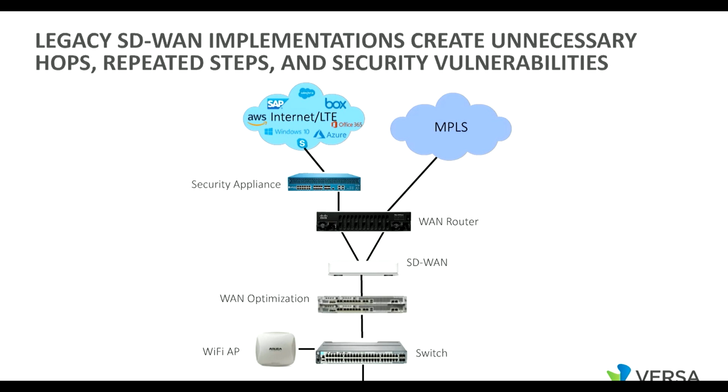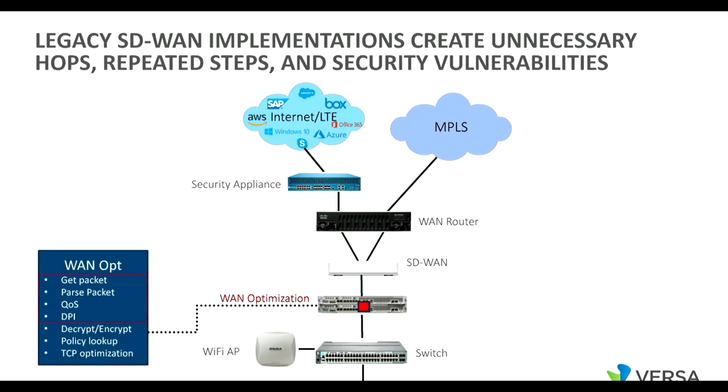So here's a packet which comes through the switch and goes to the WAN optimization device. The WAN optimization device gets the packet from the wire, parses the packet, does some quality of service, does some TCP optimization.